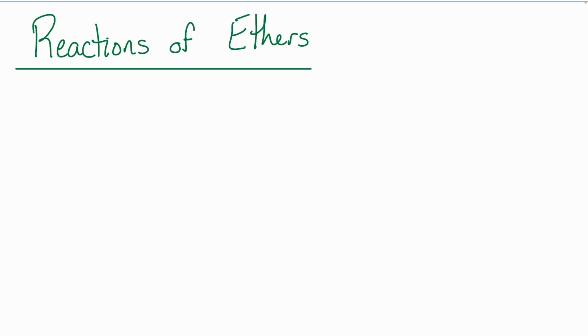All right, so there's really not very many reactions of ethers. Really just how they fall apart and how we put them together is kind of the basics of it here. So we have acid catalyzed decomposition of ethers.